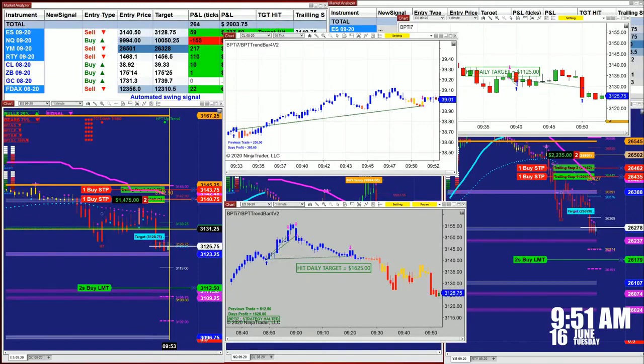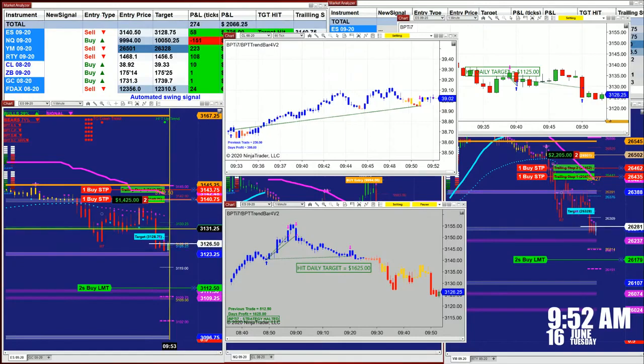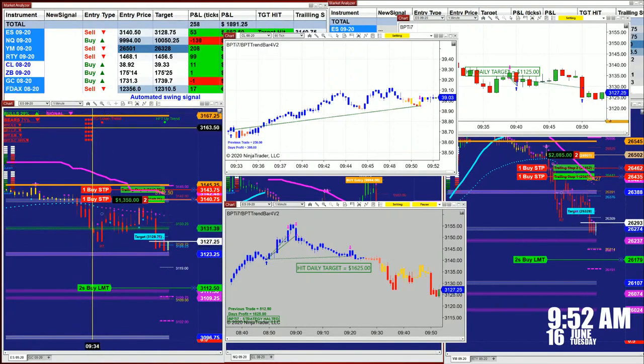So the next level, as you see here on the chart, it was two lines of red dots, and now there is only one line of red dots.